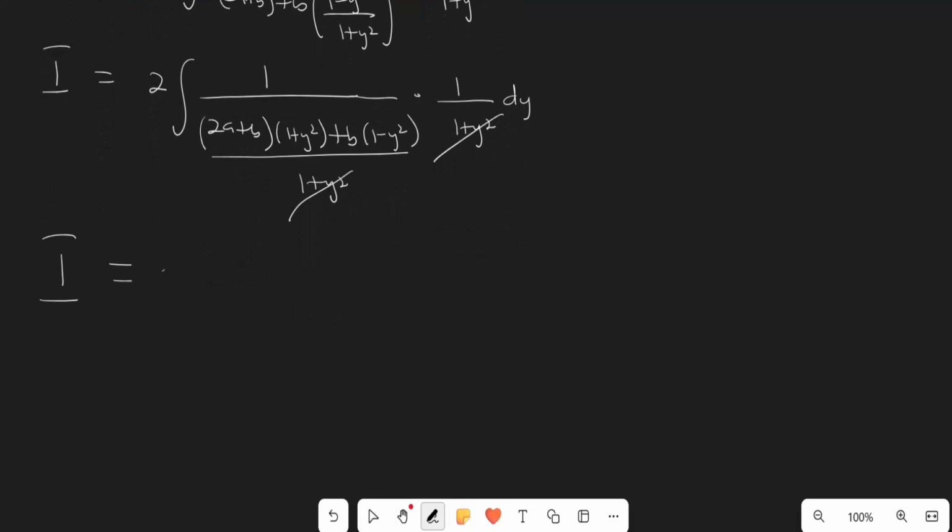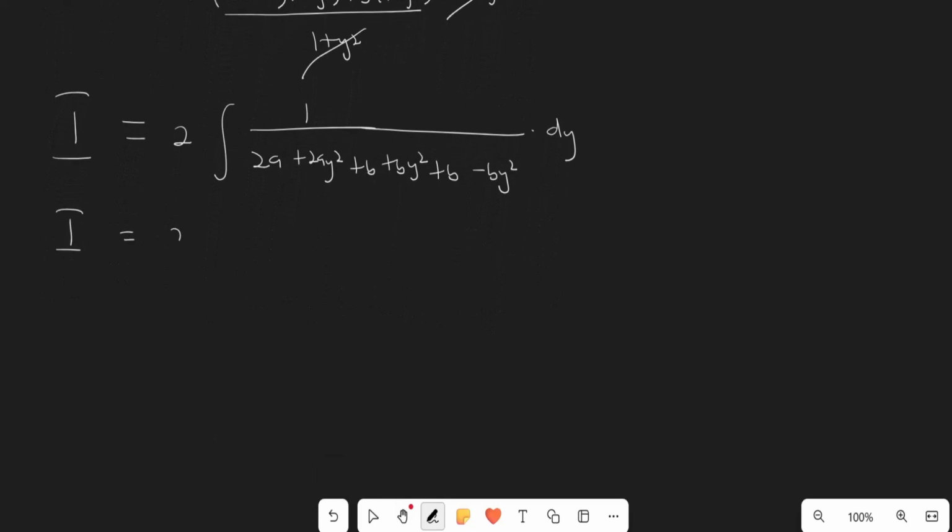Now we have I equal to 2 times the integral of 1 all over. Now let's FOIL these. That is going to be 2a plus 2ay squared plus by squared, and then expanding this one is going to be plus b minus by squared like that, and then dy.